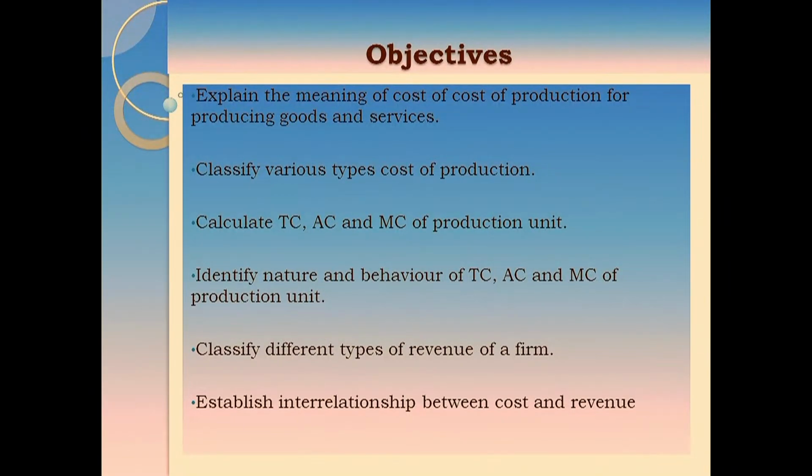Classify various types of cost of production. किस किस तरह, कौन कौन से कॉस्ट ऑफ प्रोडक्शन हमारे होते हैं, इसके टाइप्स कौन कौन से होते हैं, कितने कैटेगरी में इसे क्लासिफाई किया जाता है, डिफरेंट लेवल पर हम इसको कैसे अलग अलग कैटेगरीज में विभाजित करेंगे.